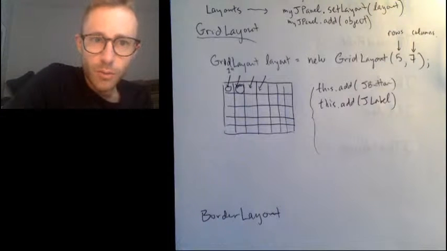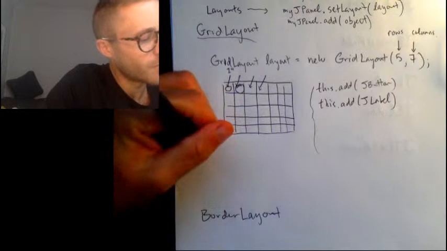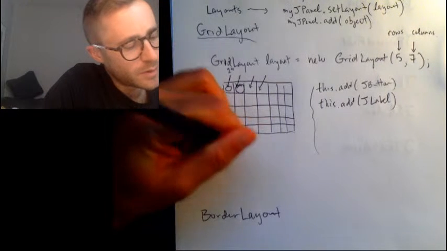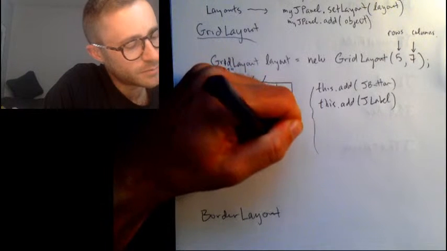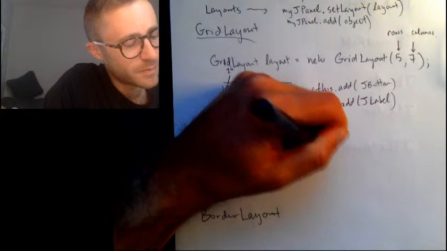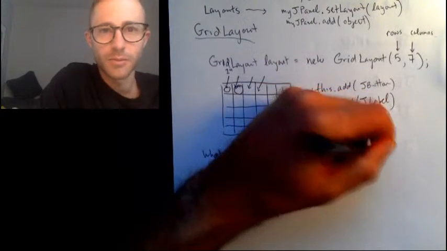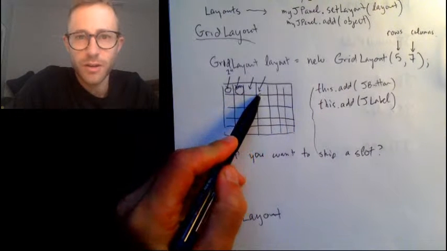What do you do if you want to skip a box or skip a slot in the grid layout? So you don't want to put anything in, let's say this slot right here.